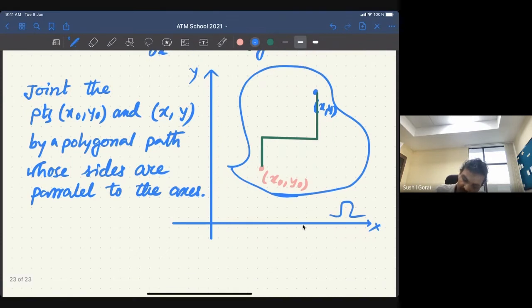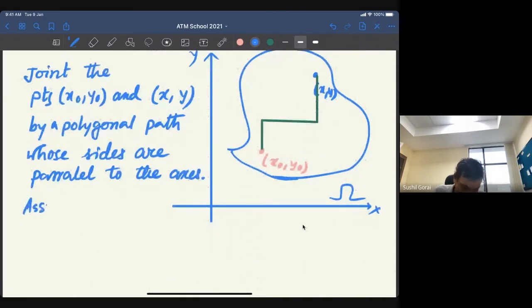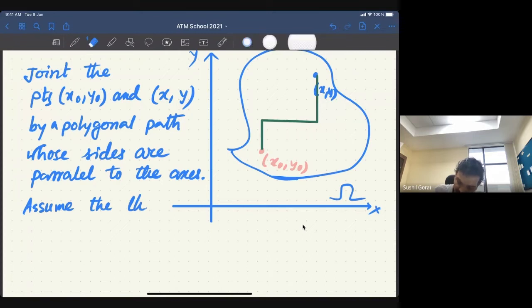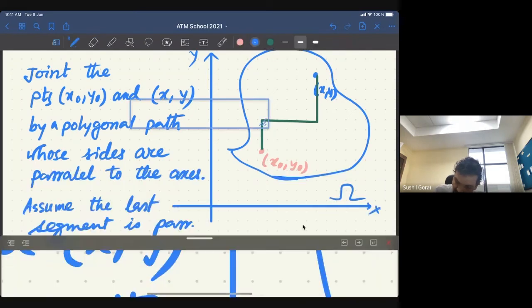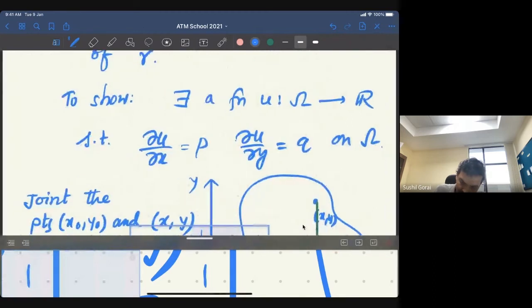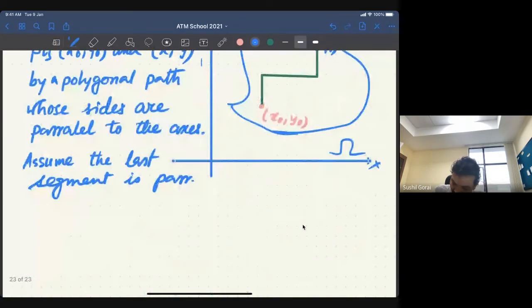And let's assume the last segment is parallel to the y-axis, right?